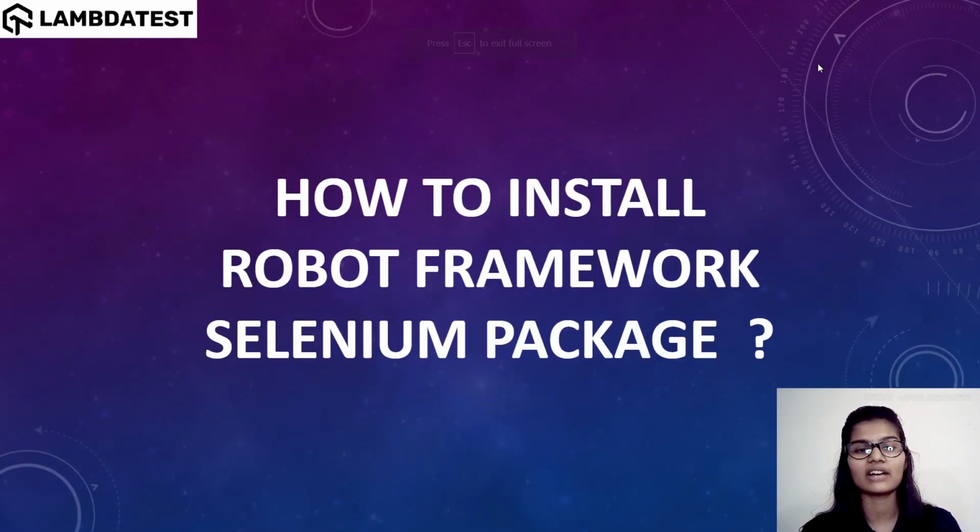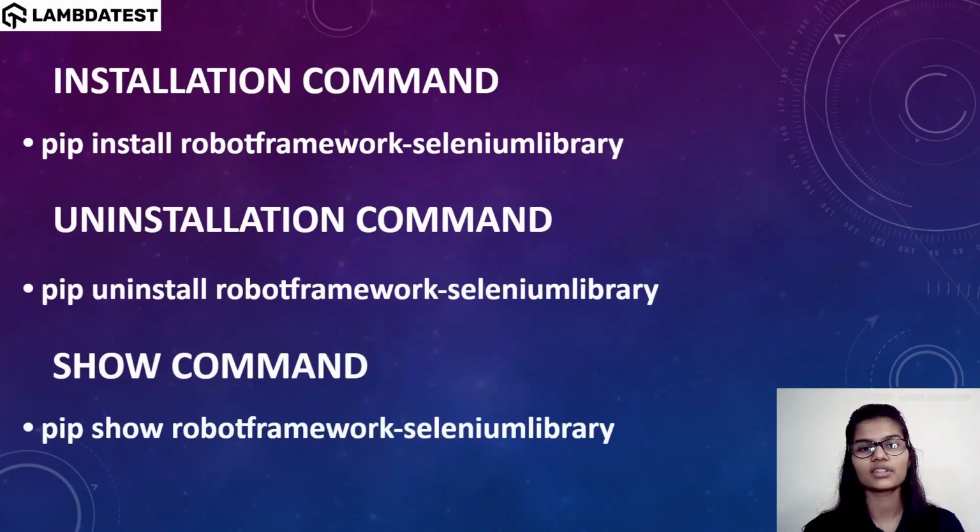Next we have how to install the Robot Framework Selenium package. For that as well, we have the installation command, uninstallation command, and show command. The install command is pip install robotframework-seleniumlibrary. For uninstallation, it is pip uninstall robotframework-seleniumlibrary.